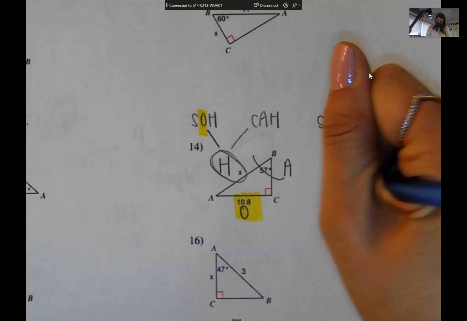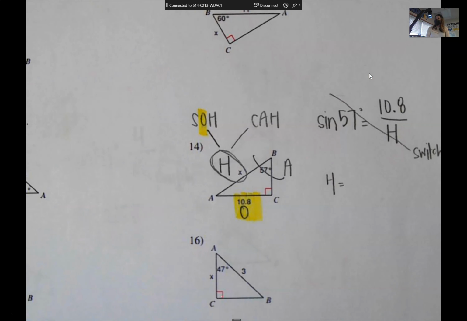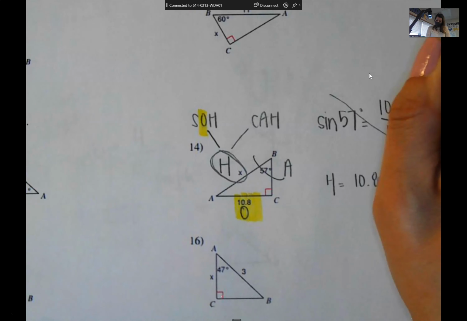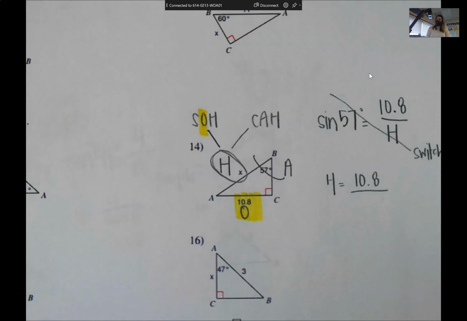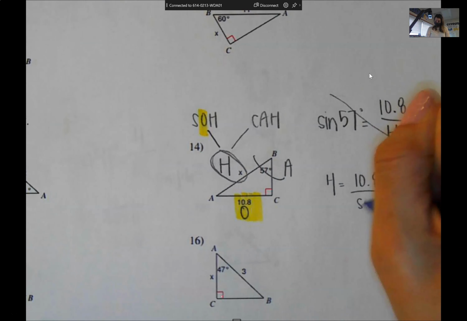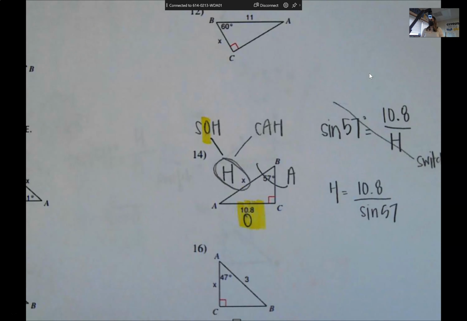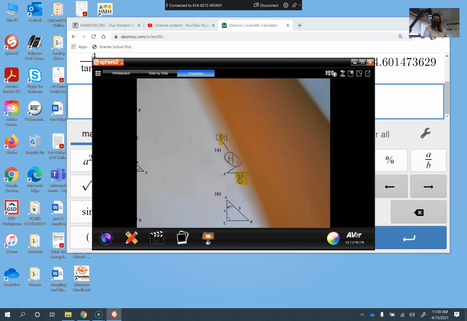So what I type into Desmos will be 10.8 divided by sine 57. So I'm going to pop back over to Desmos.